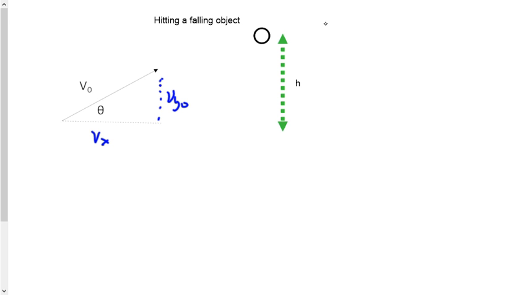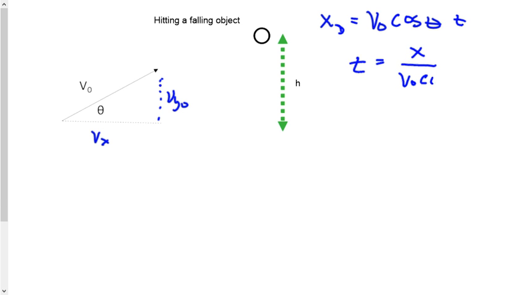Well, we know that the displacement of the dart, I'll just use the letter d for that, is going to equal v naught times the cosine of theta multiplied by t. And then again, if we solve for time, time is then going to be our x value divided by v naught cosine theta.